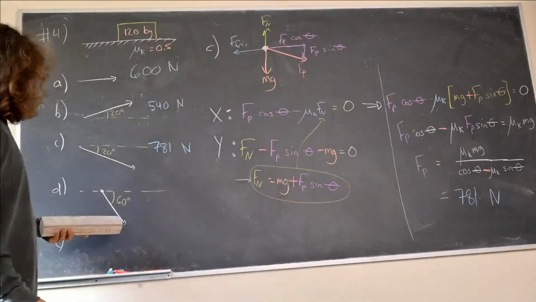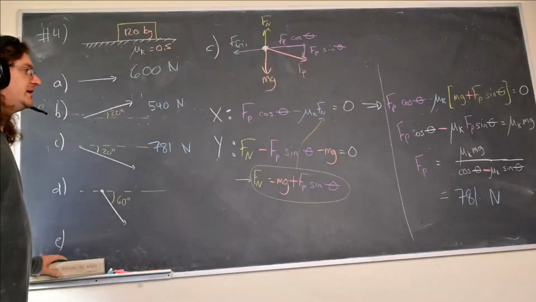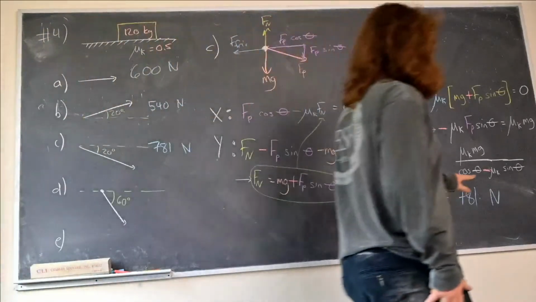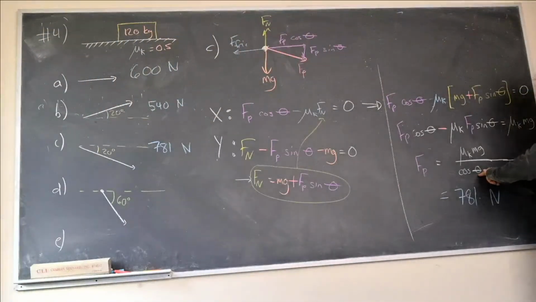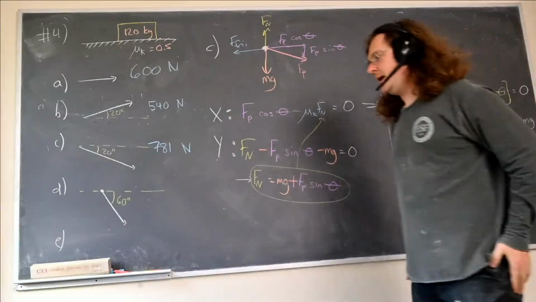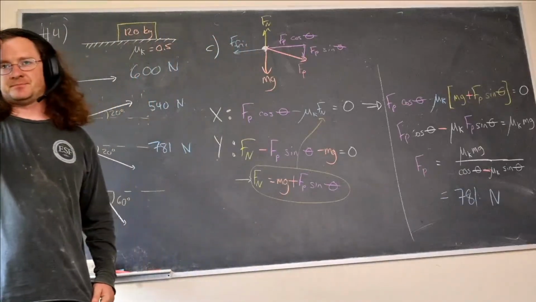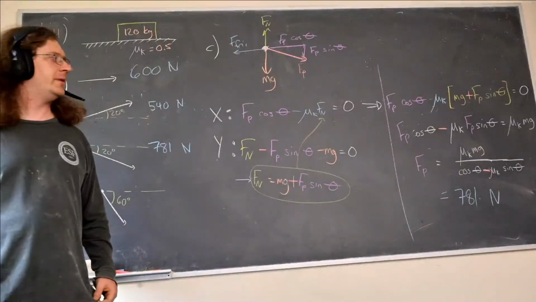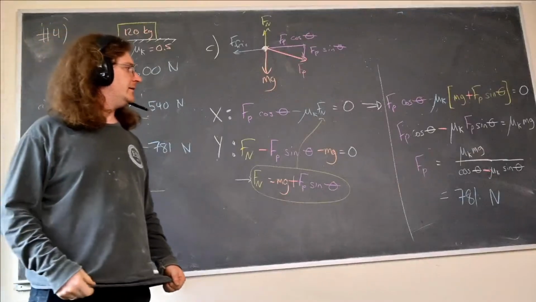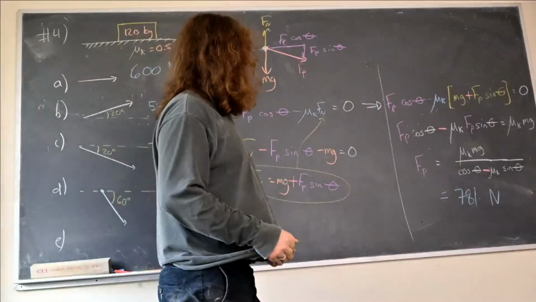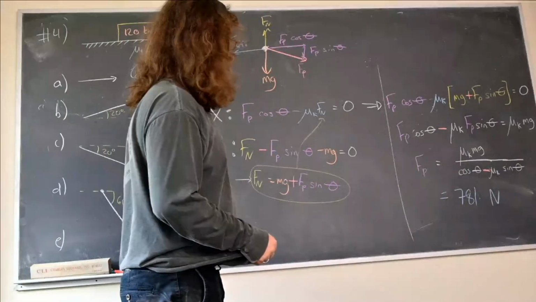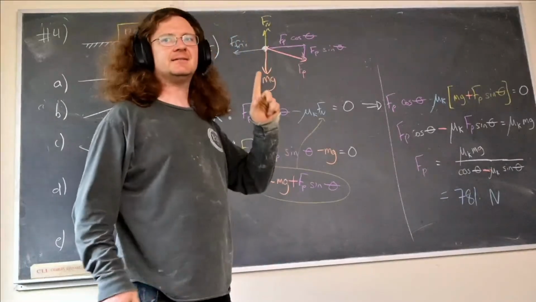But now, all that's changed from C to D is this has changed. The angle has changed. And something funny happens here. The funny thing that happens, it takes some interpretation.